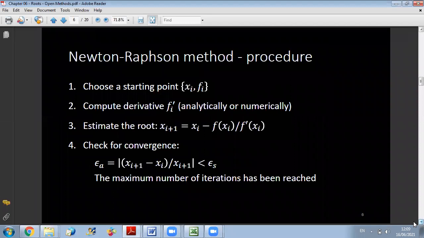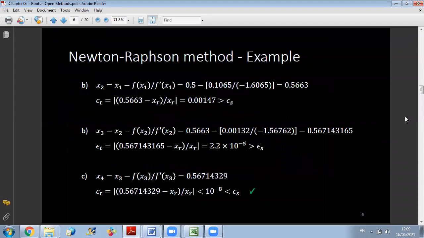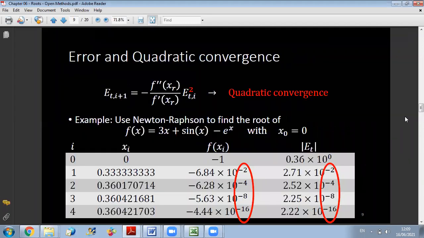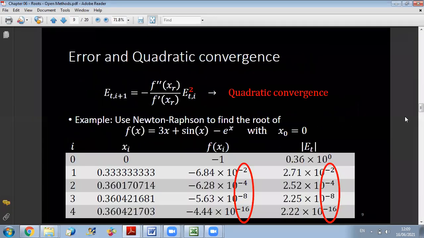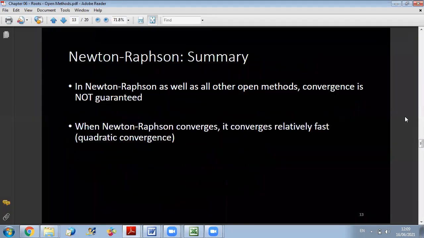Okay. Now we have introduced the Newton-Raphson method. We will introduce another method that also is an open root method. But before doing this, let us remember what the main issues were. We said that Newton-Raphson is an open method in which convergence is not guaranteed.